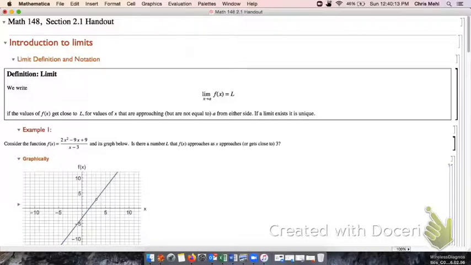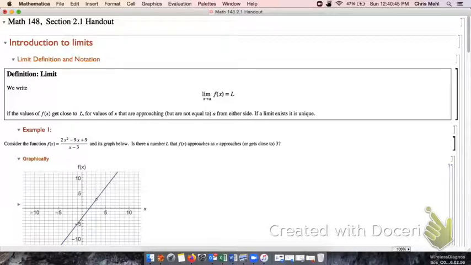Some of you might be familiar with the notion of end behavior, and a limit is something that can basically contain all the information you want to know about asymptotes or end behavior, but limits can do a little bit more for you, and we're going to see later on that a limit is needed to find a derivative of a function. Okay, so this is something we're going to need later on.